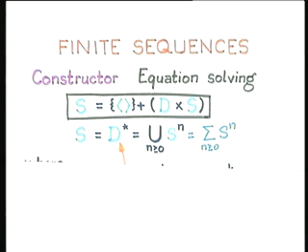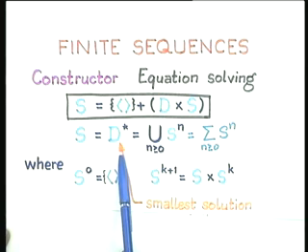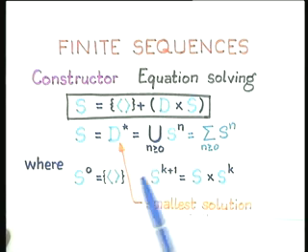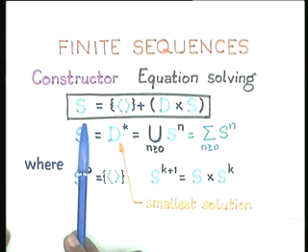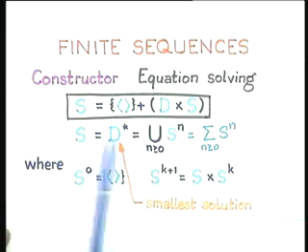You can take this as the union of S n, where S 0 is the singleton set consisting of the empty sequence, and S k plus 1 is D Cartesian product S k. So, this solution to this equation is what might be called the least solution. It is in fact the smallest set S which, when you substitute on both sides for S, would yield an equality.